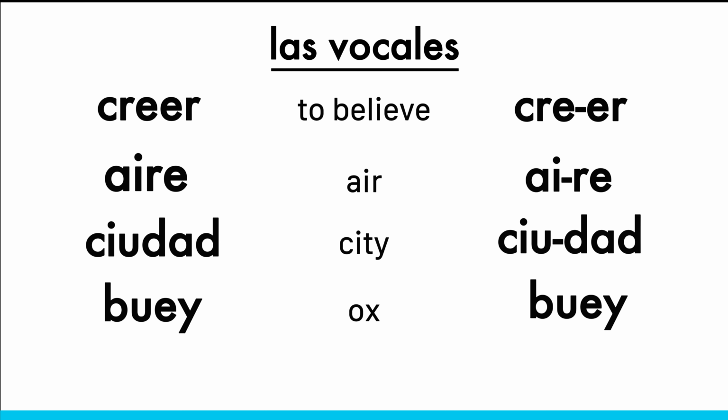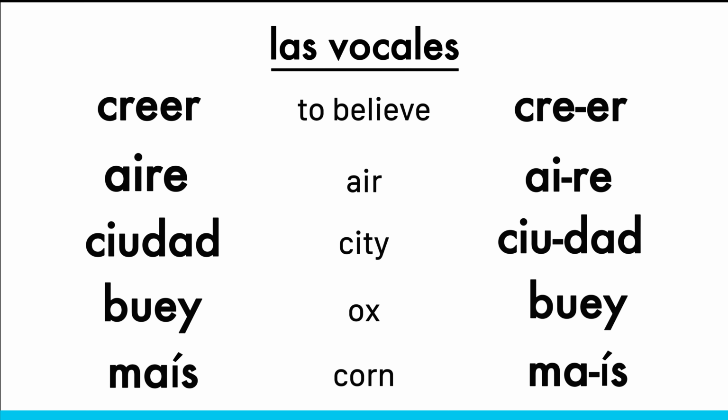There is one big exception to all of this. When there is an accent mark on a weak vowel, it becomes a strong vowel. For example, maíz.